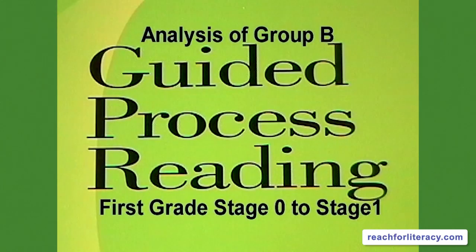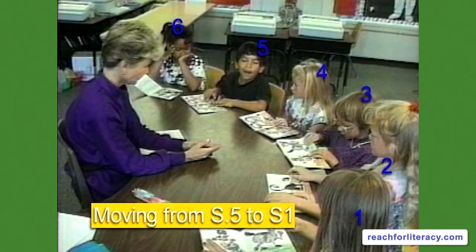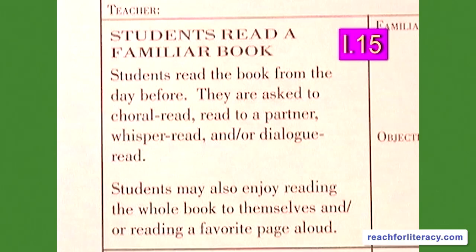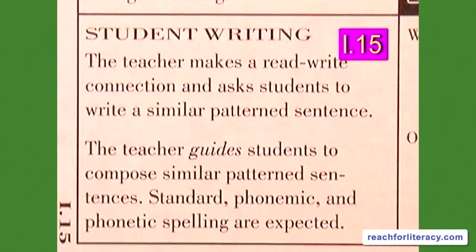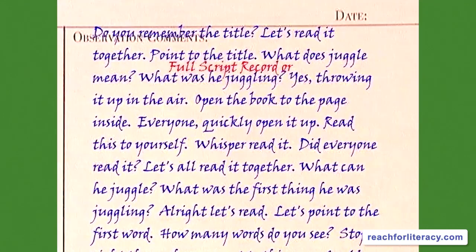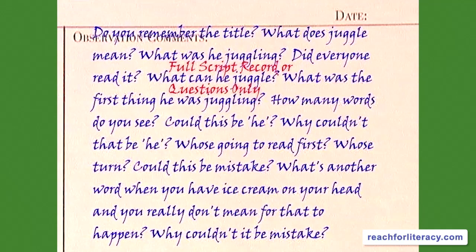Analysis of Group B. The trainer coach demonstrated Format 1 with a group of 6 first grade students. Observations included a familiar book, a new book, and a writing connection. Teachers were asked to highlight the lesson components they observed and to script the questions the trainer coach asked.